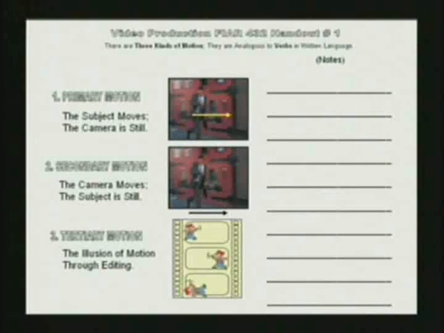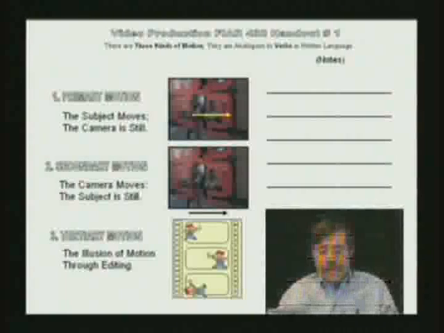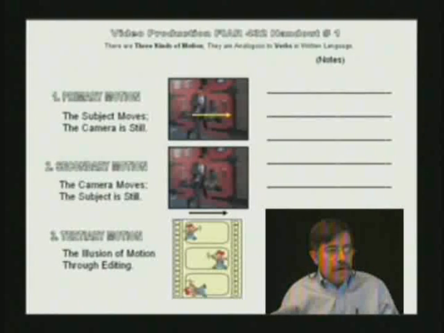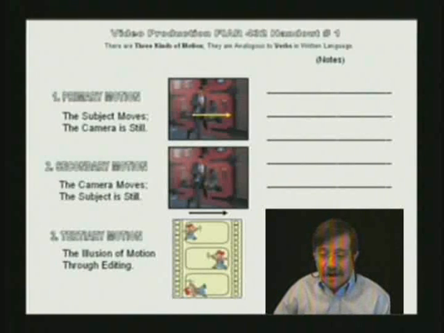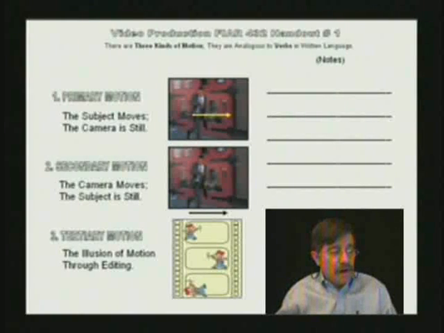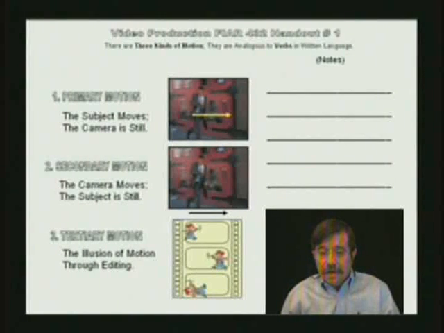Just as we said that there were 6 kinds of shots and that these represented the nouns, so to speak, of film and video language, the verbs would be represented by the 3 kinds of motion. There are basically 3 kinds of motion. You have very obvious titles: primary motion, secondary motion, and tertiary motion.